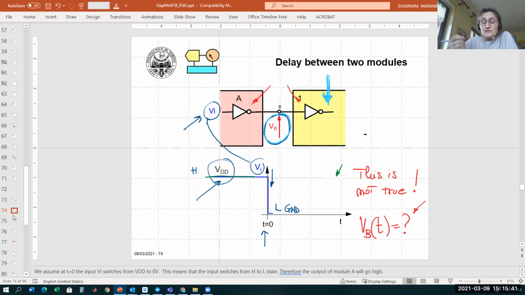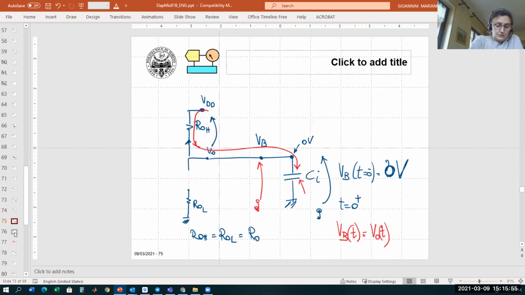The question is, when does B recognize its input as a high logic state? How would you answer this question?